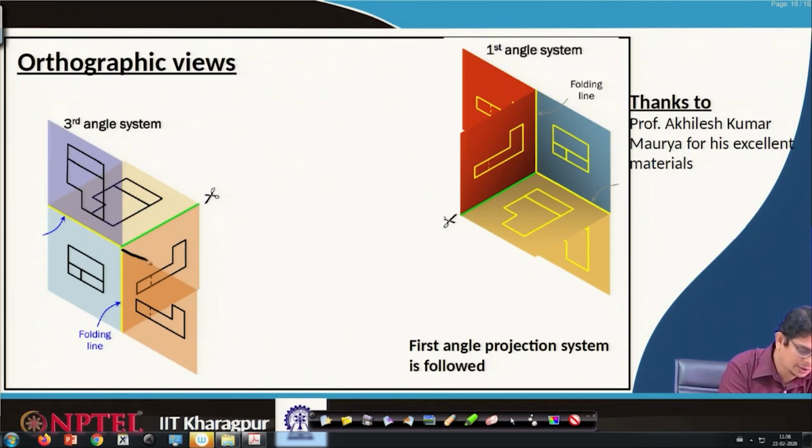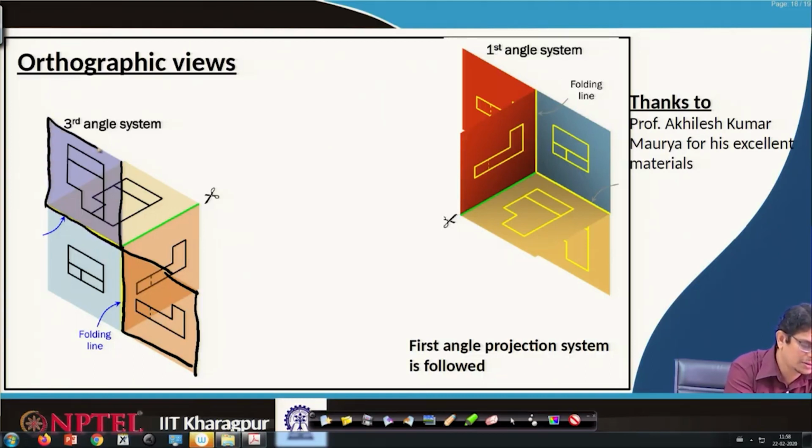So, let us draw the views. One of your views is this, the other view is this. The rest is fixed because we are observing in that direction. So, the front view comes at this level.